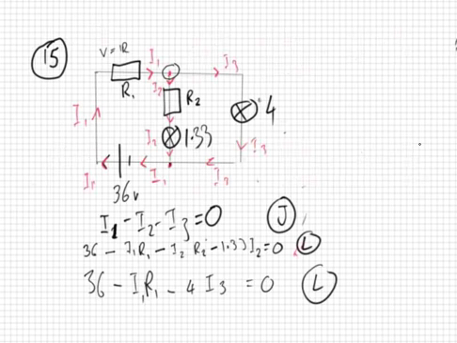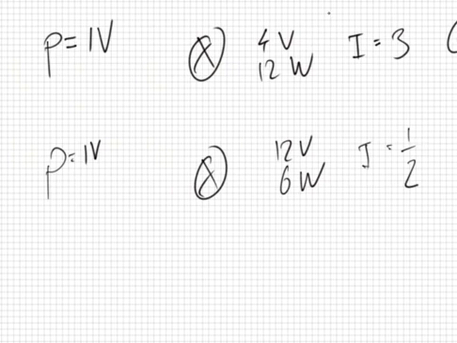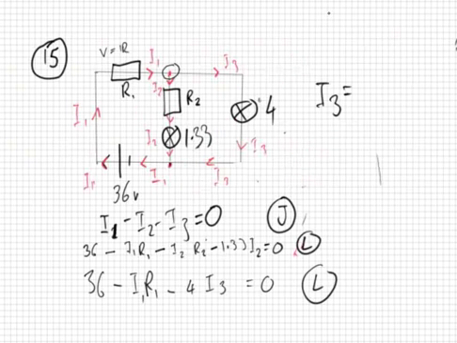Now, part 2. Lamp Q operates normally. Lamp Q was this lamp here. So if it's operating normally, we know that I3, this is the Q one here, is 3.